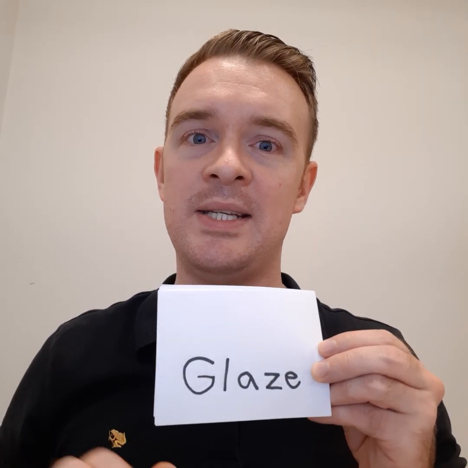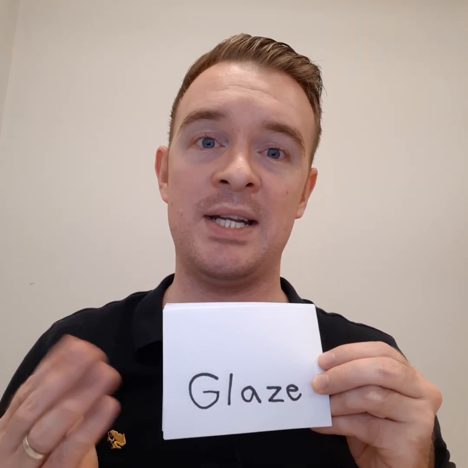And the first word that we are going to look at is glaze. Glaze is both a noun and a verb. As a noun, glaze is the covering or the top of something, usually for a dessert. And it makes the dessert look white or shiny and clear.